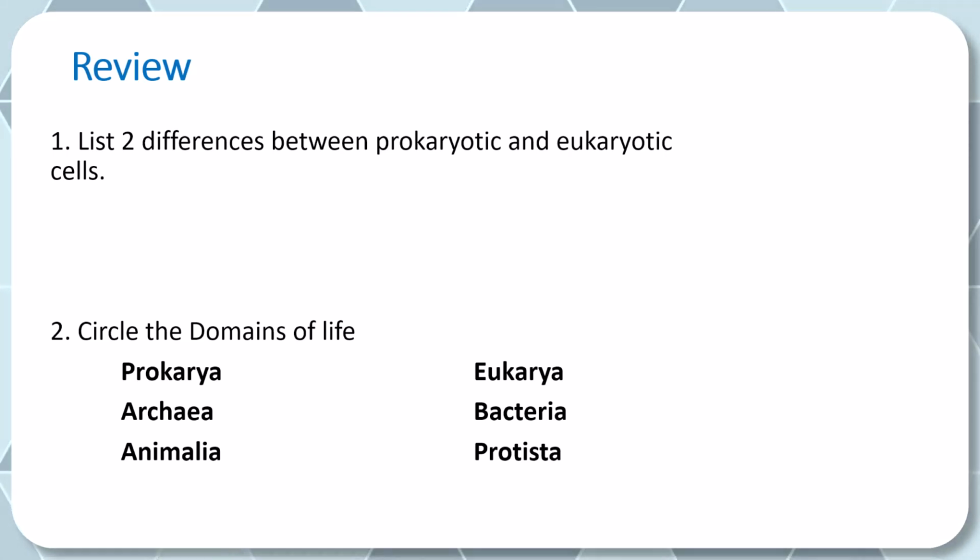Let's go ahead and get to number 2. Circle the domains of life here. So domains of life. Does anybody remember how many domains of life there are? There are 3 domains of life. What domain are we in? We are in eukarya.